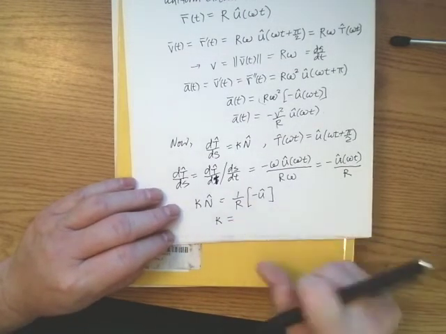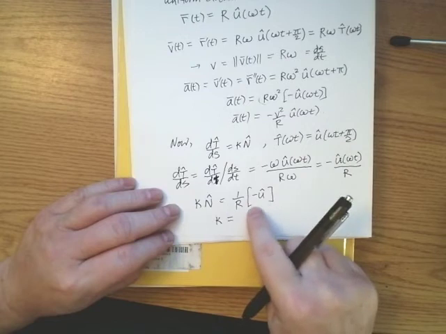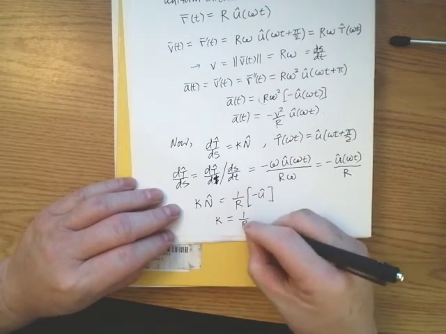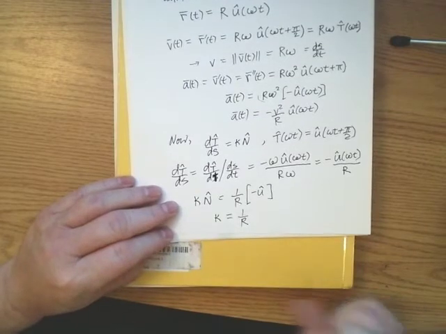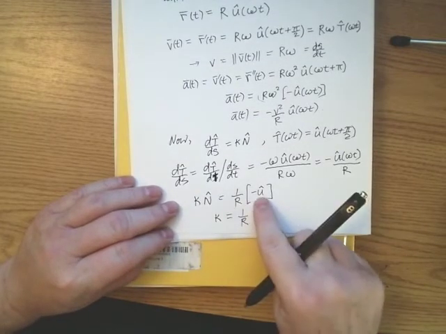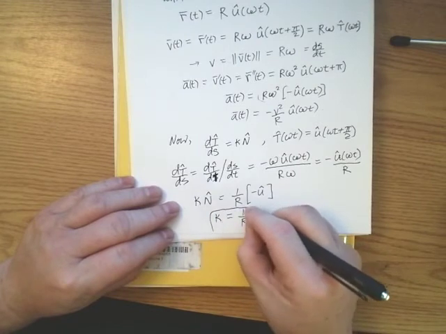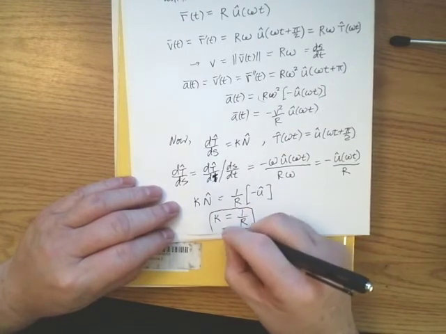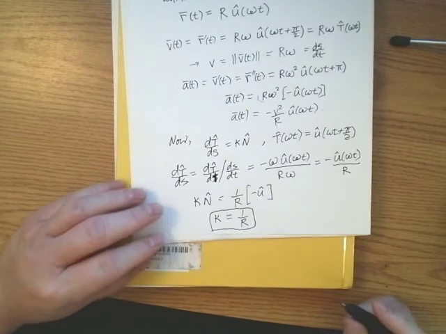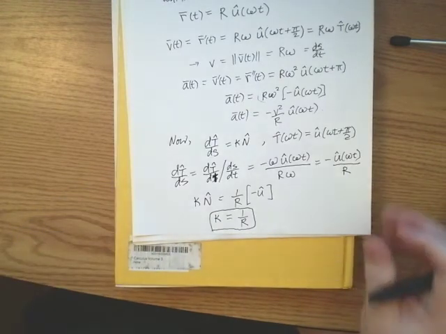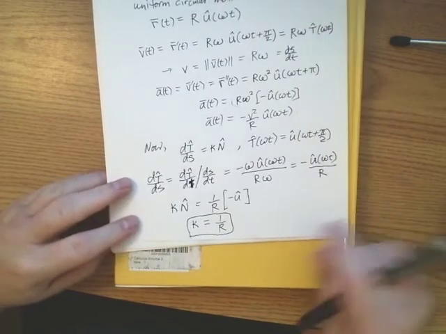And if I took the magnitude on this side, well, 1 over r is the magnitude of this side, because again, u hat is a unit vector. So I've, in fact, found that the curvature of a circle is the reciprocal of its radius. Kappa equals 1 over r.